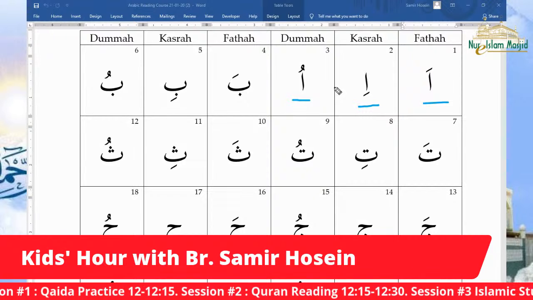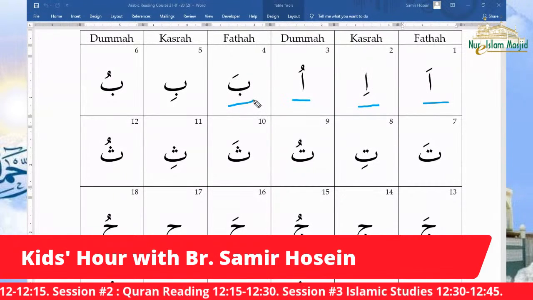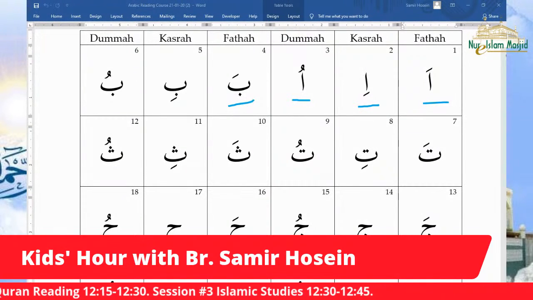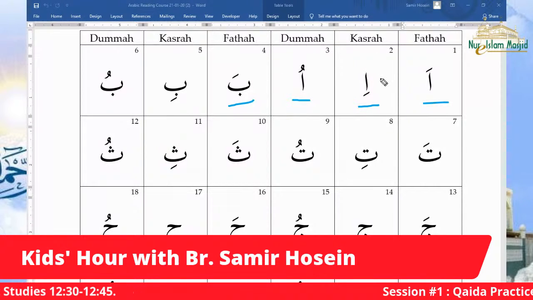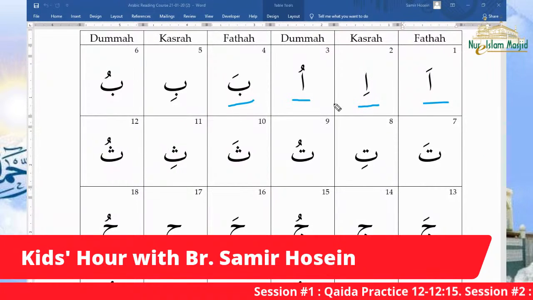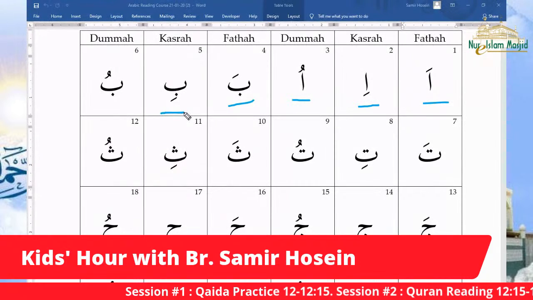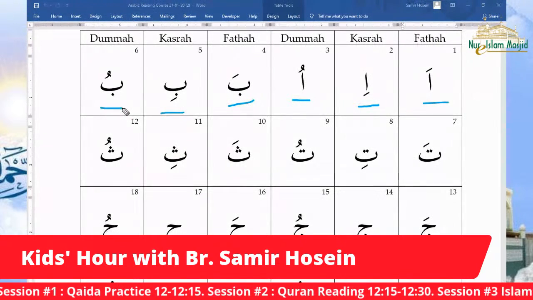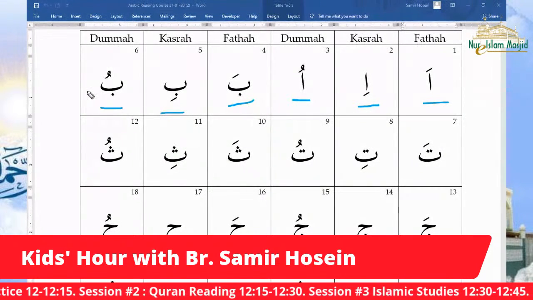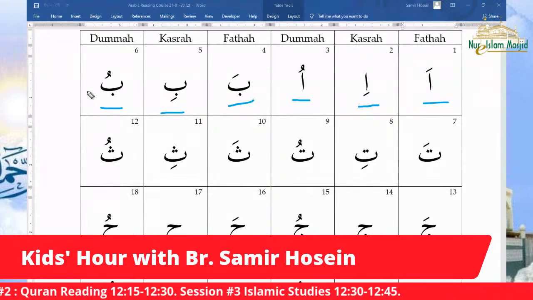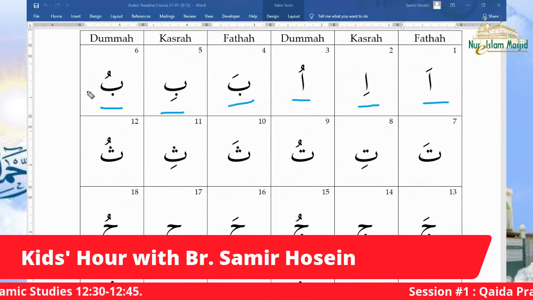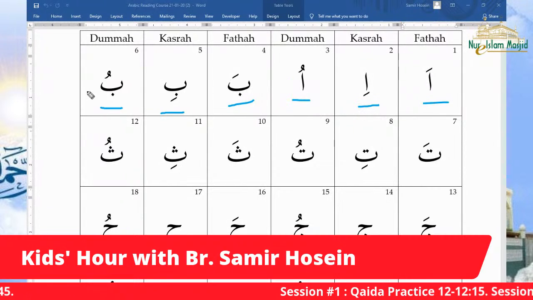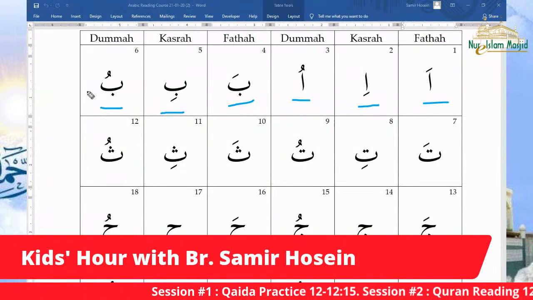Okay. Then we said that we had the letter Ba. So in comparison to the letter Aleph, A, E, U, we have a B sound, and we're now going to add on the A to get Ba, E to get Bi, and the U to get Bu.